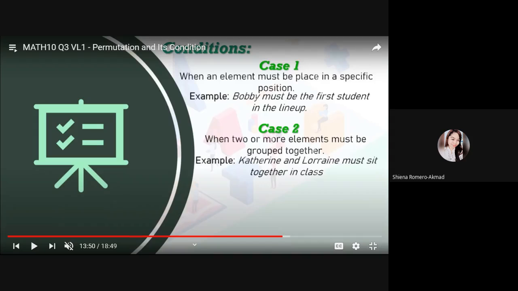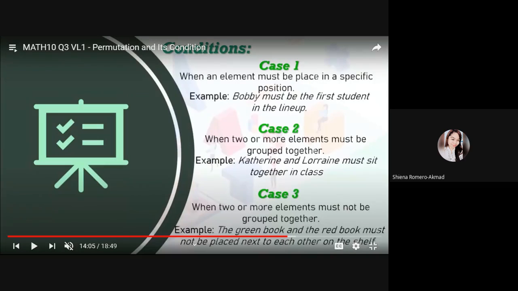So that is another condition, and that is under case number 2. Case number 3 naman, when 2 or more elements must not be grouped together. Like kanina, Bobby and Chris, they don't want to stand beside each other. That belongs to case number 3 of condition.